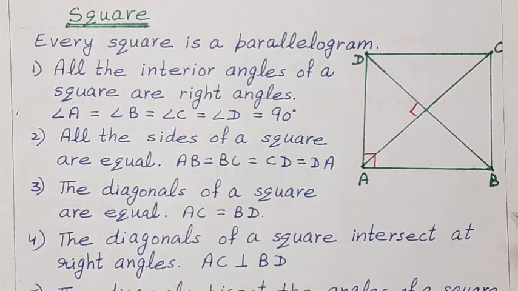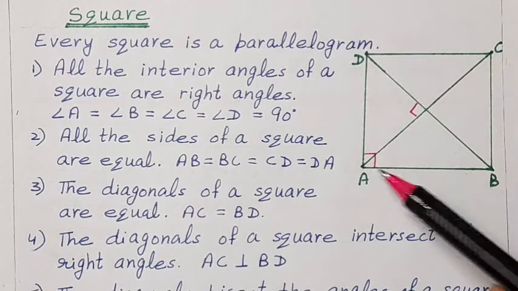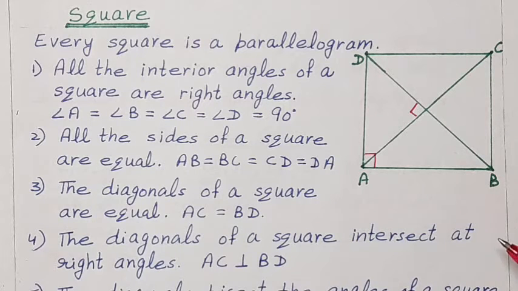So a square is a rectangle as well as a rhombus. So it has all the properties of a rectangle as well as that of a rhombus.